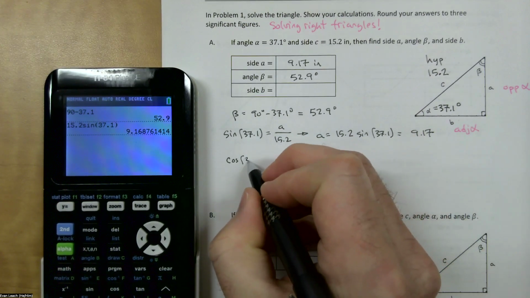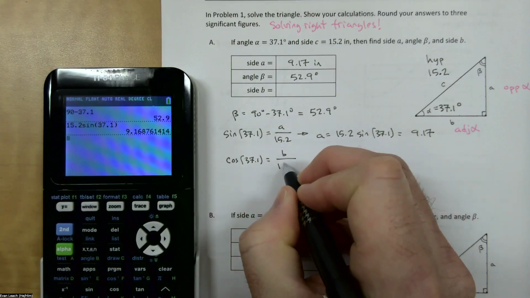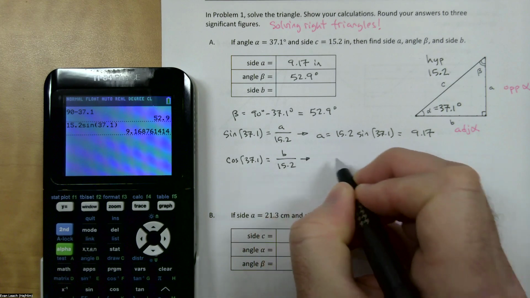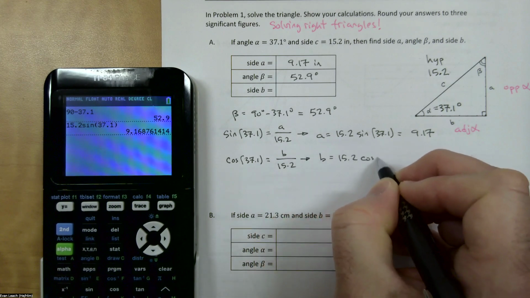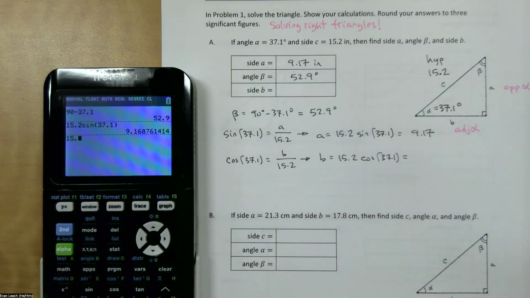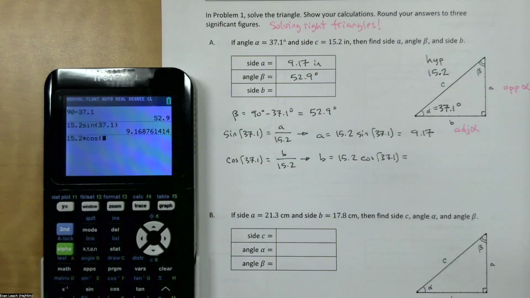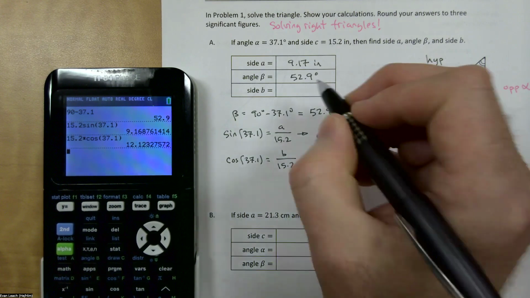So the cosine of 37.1 is adjacent over hypotenuse. To three significant figures, that'd be 12.1.